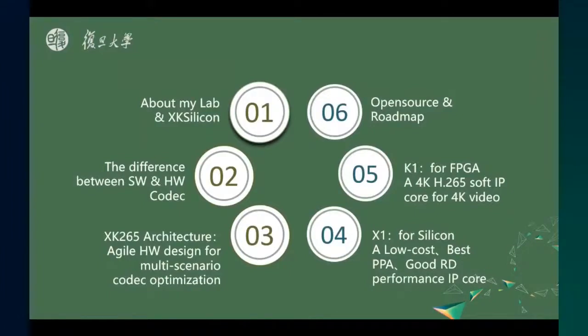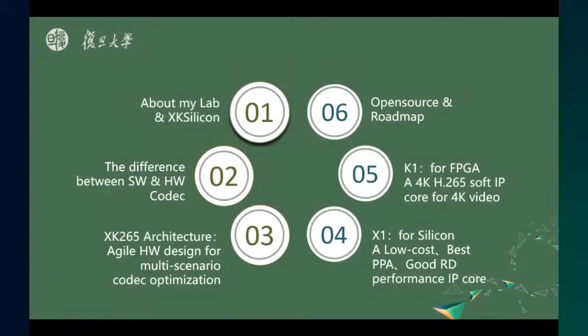And then I would like to introduce two enterprise edition IP cores. The X1 is for silicon, which is low cost and has the best PPA performance and good RD performance. And the second IP core is K1, which is for FPGA.